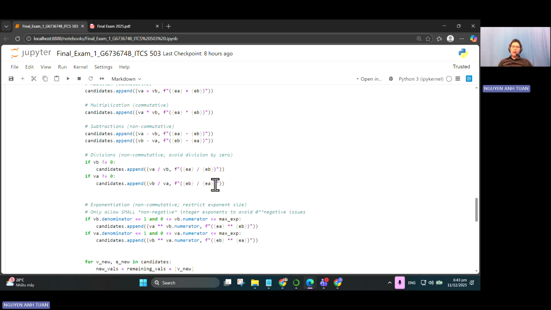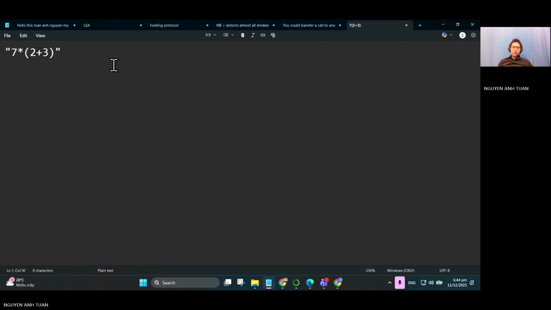And the string expression with parentheses. Every time I combine two expressions, I wrap them in parentheses, such as like this.